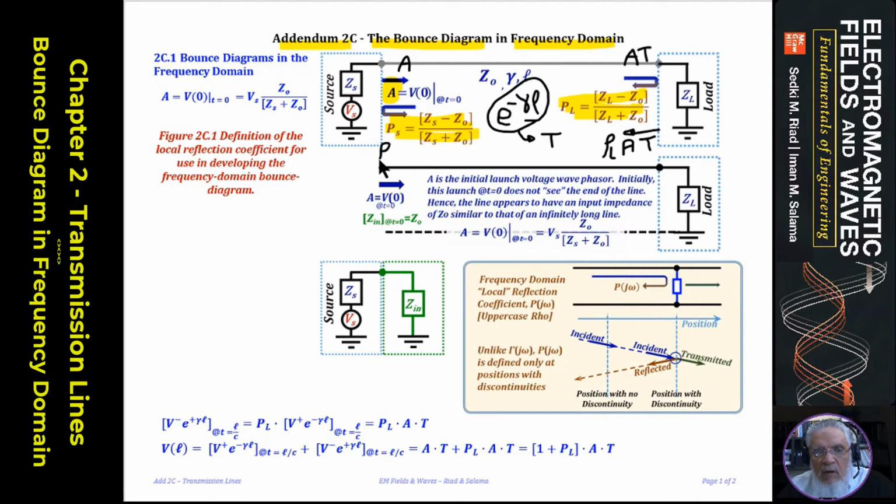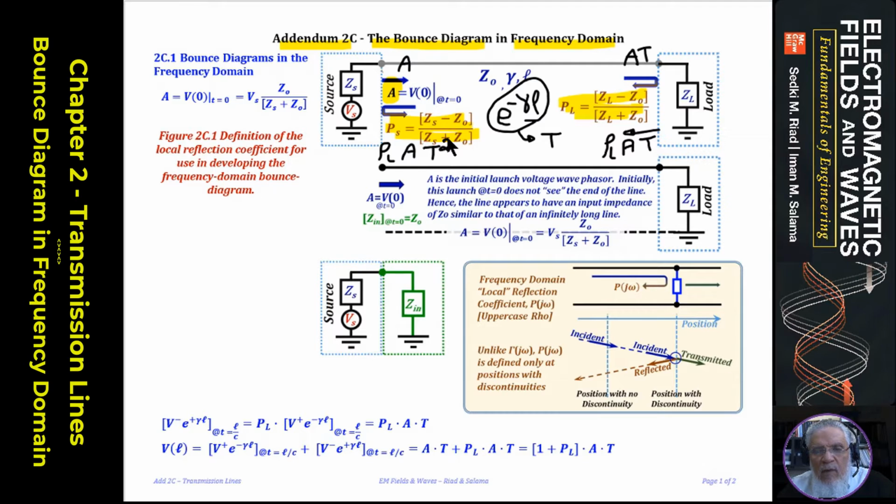So it becomes rho sub L times A times T squared. It hits that reflection here, rho sub S, so what comes back is going to be rho sub S times that.